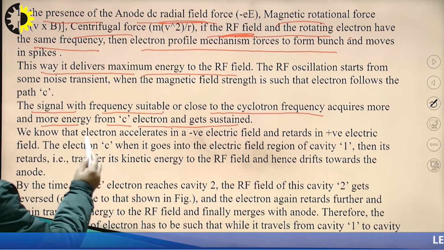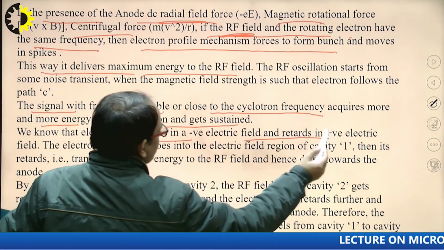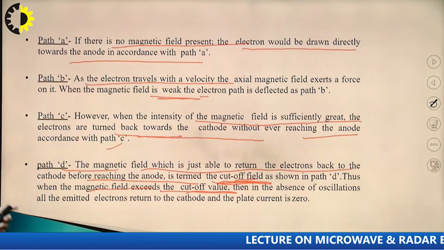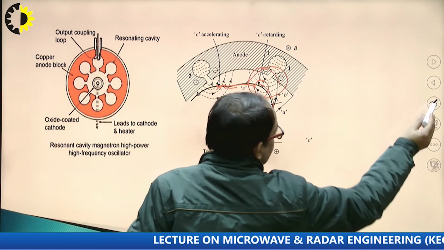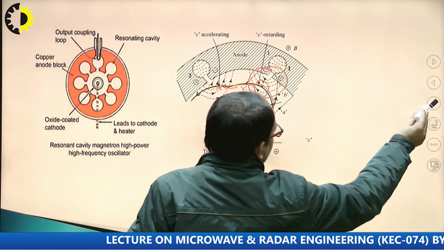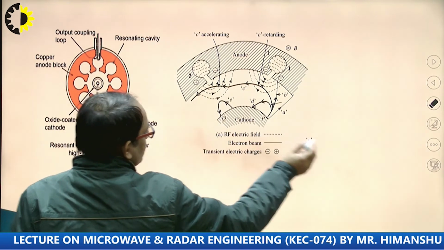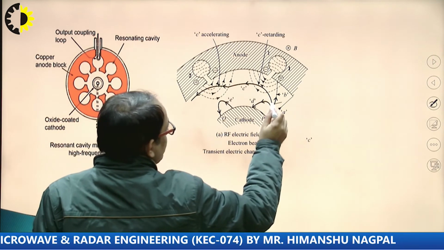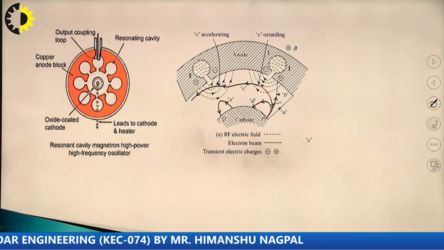Now we know that the electron accelerated in a negative field is retarded in a positive electric field. Meaning you will see that this path C will be retarded due to the negative electric field.